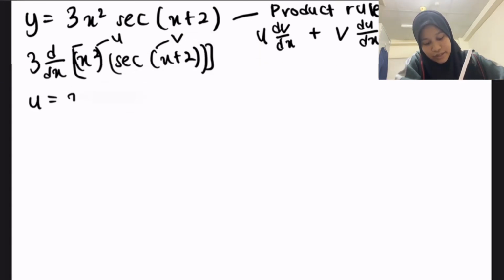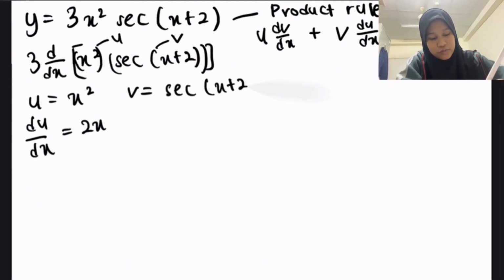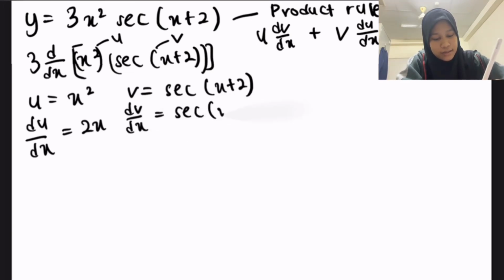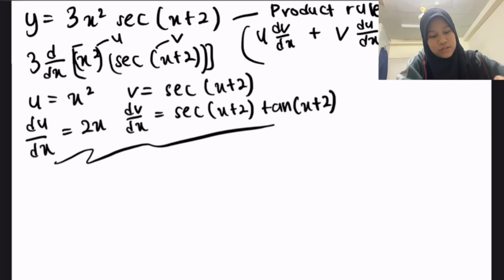u equals x squared, du over dx equals 2x. Then for v, sec(x plus 2), dv over dx equals sec(x plus 2) tan(x plus 2). Now we're going to substitute this into the formula.